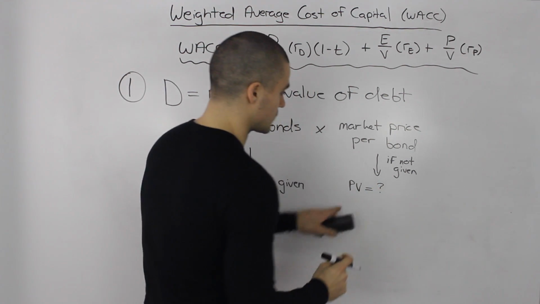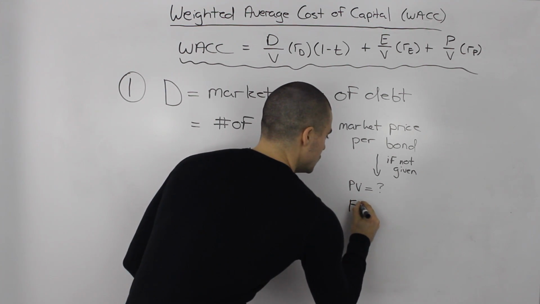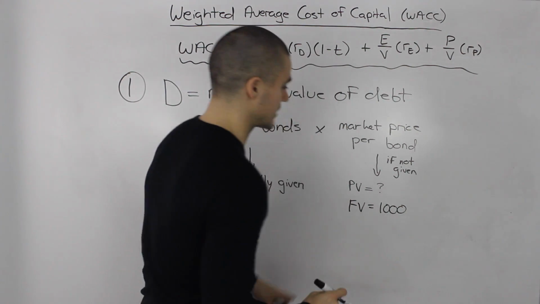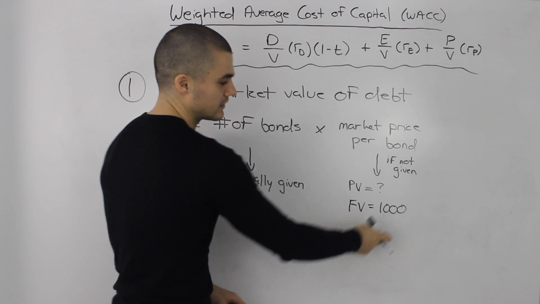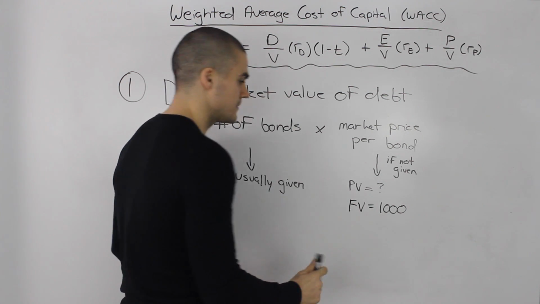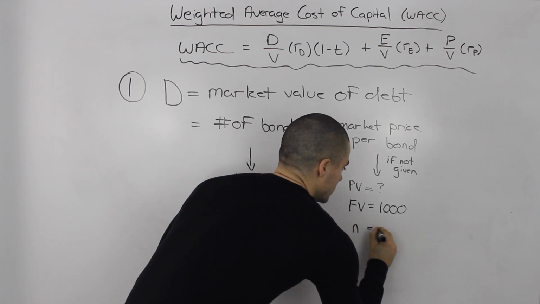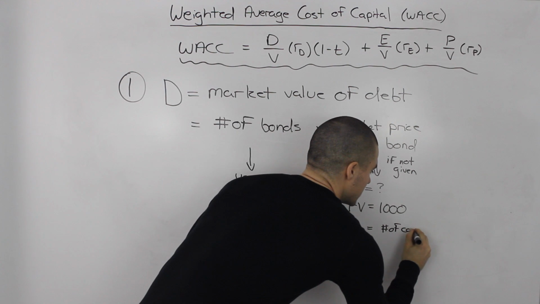This is what you're solving for, the price per bond. The future value usually is going to be 1,000. Sometimes a question will say that each bond has a par value of 100, then this would be 100, but usually it's 1,000.